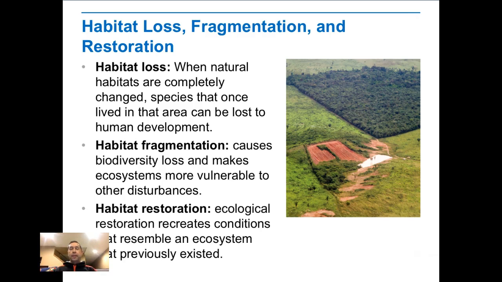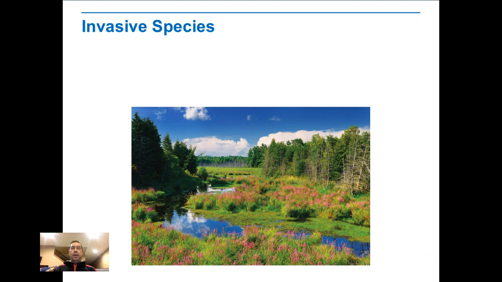Habitat restoration is trying to restore a changed or fragmented ecosystem back to what it was before human activity changed it. We're doing this. It's very difficult. It's expensive. But again, it can be helpful. Another major problem is invasive species.